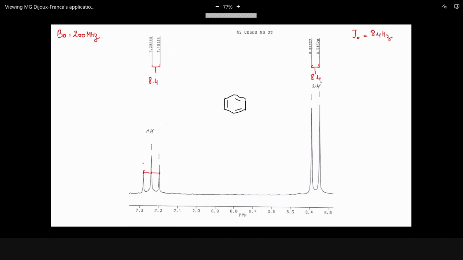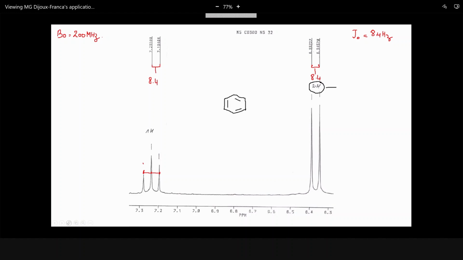What does it mean that we have two protons, two equivalent protons on an aromatic ring? What does it mean? They should be in the same position.